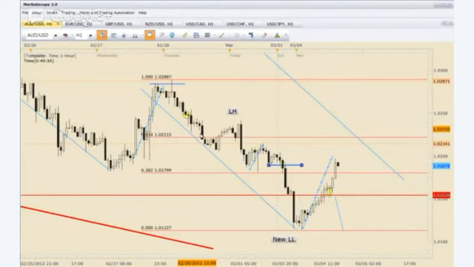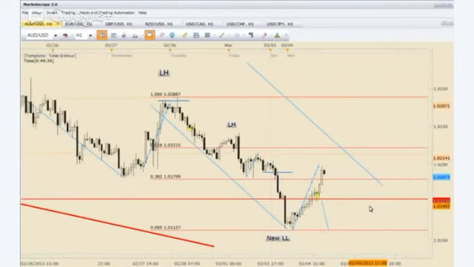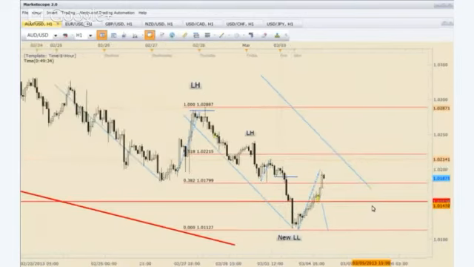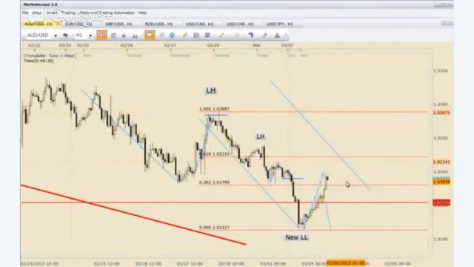And look at when you wait for that, look how rapid the moves are. Boom. So that's what the Aussie looks like. So the Aussie at present looks like it's in pullback mode without a signal yet to continue into the downside.